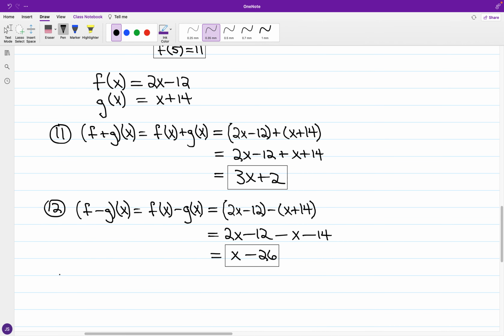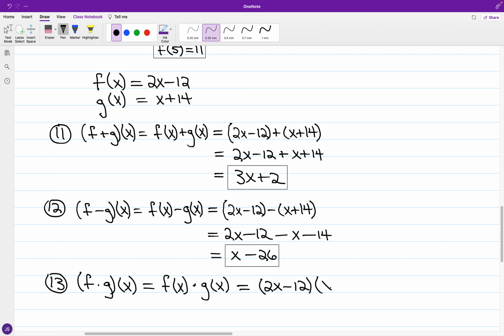As for the product function, f times g of x, we have f of x times g of x. So you have 2x minus 12 times the quantity of x plus 14.